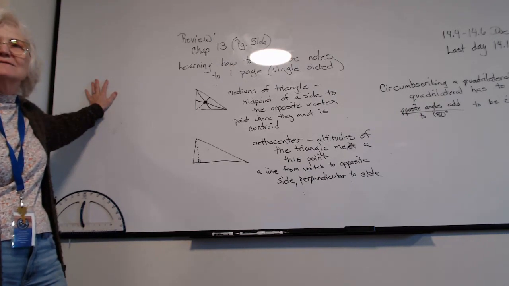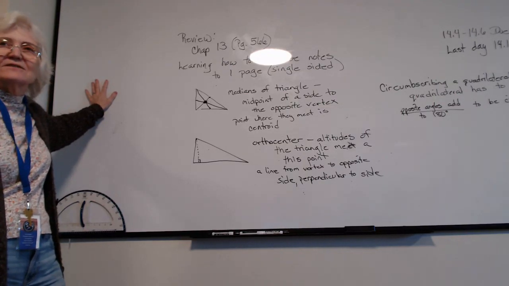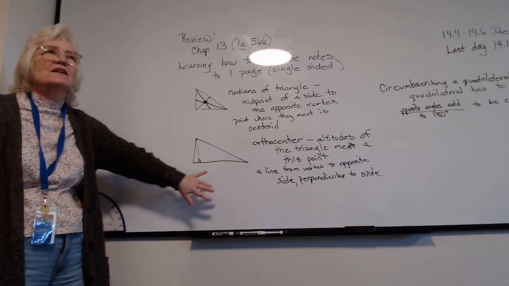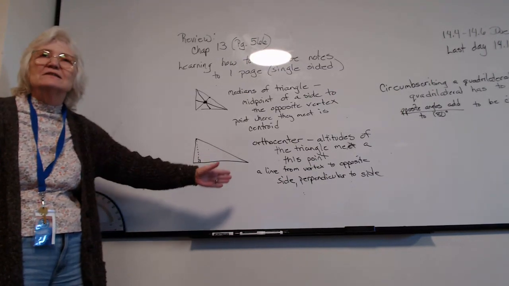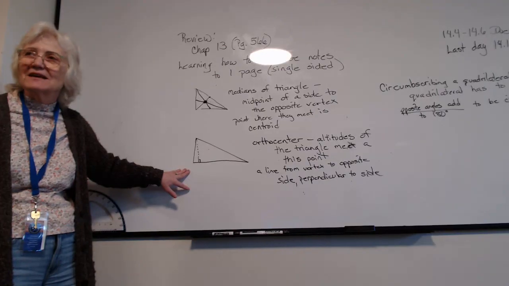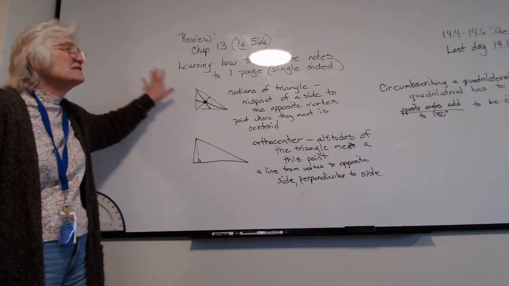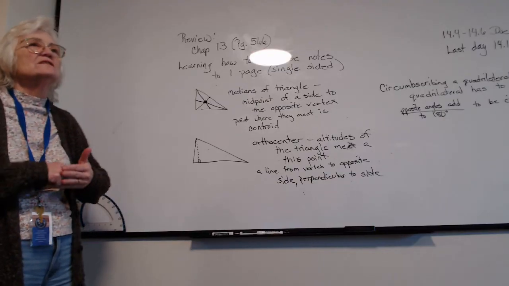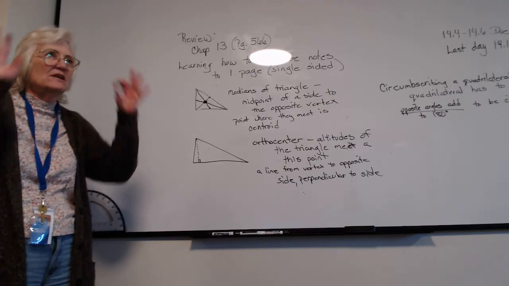Yes. It can be inside, on, or outside the triangle. Orthocenters can also be inside, outside, or on the triangle. If you have a right triangle with a 90-degree angle, it will be on the triangle itself. So orthocenters and circumcenters can be outside, but centroids and incenters cannot be. Too many words that sound alike in this thing.